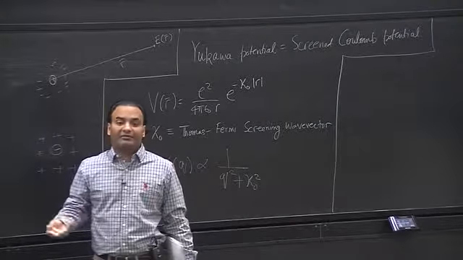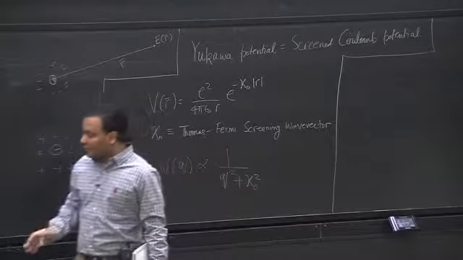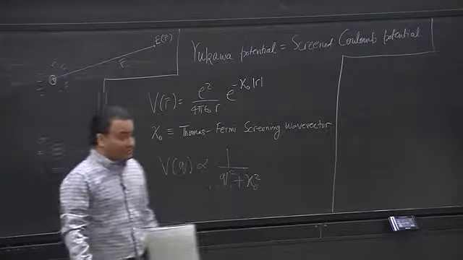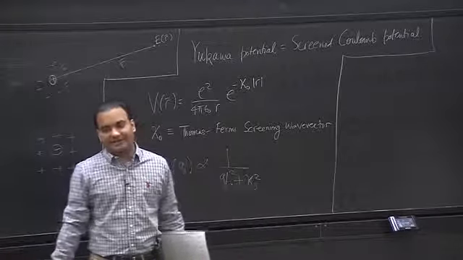All the effect of the interactions, or all the correlations, are now included in the self-energy. This is still a model, this is still an approximation. Sometimes it works, sometimes it does not.